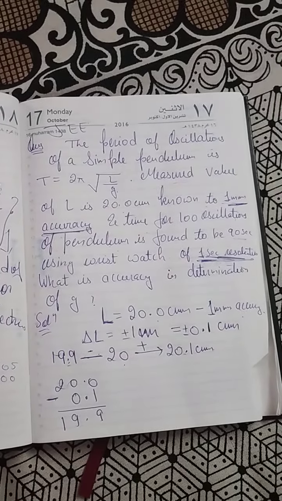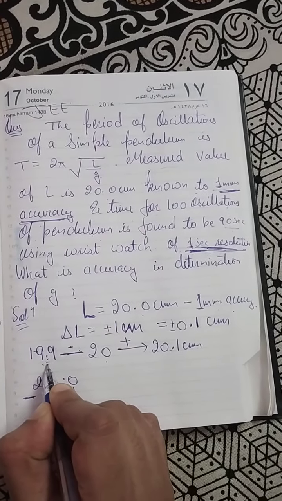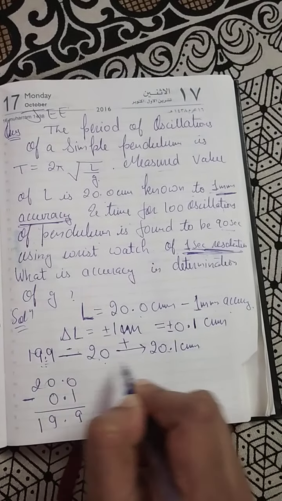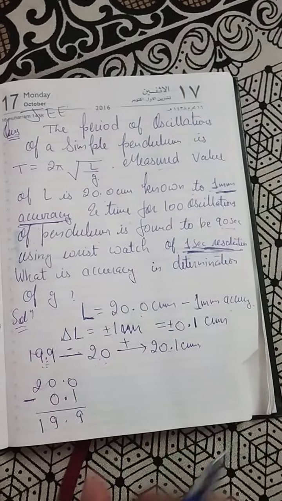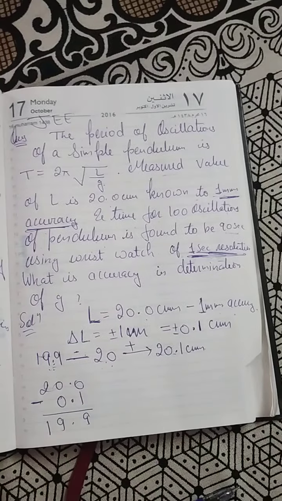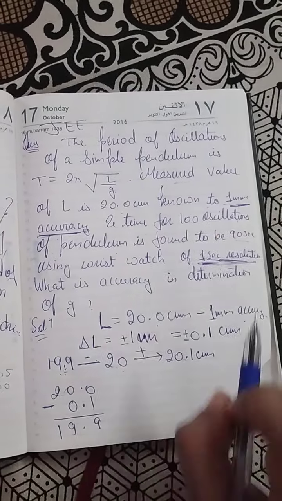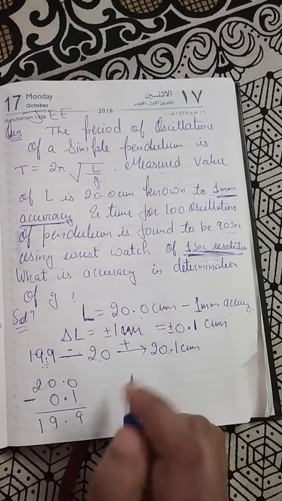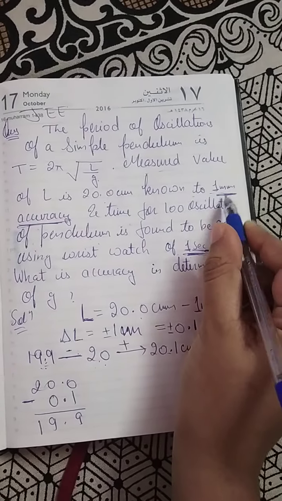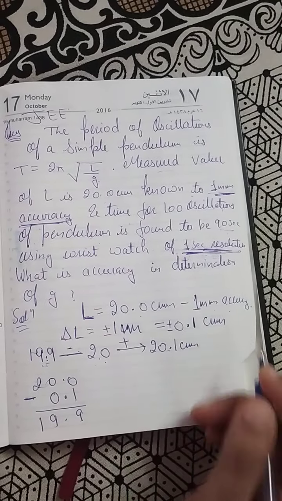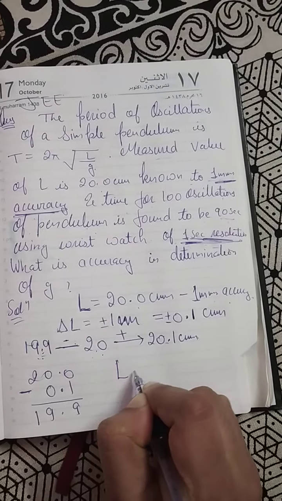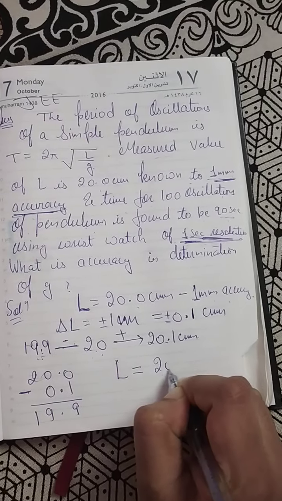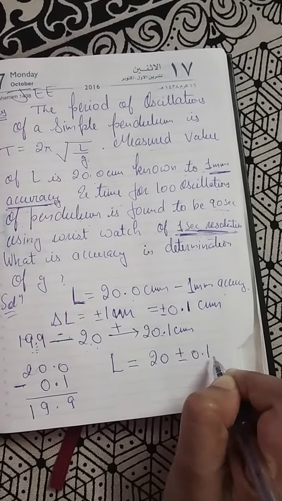I have uploaded that playlist also. I'm not going into that, but look how close 19.9 is to 20 or 20.1 to 20. That's why they have used the term accuracy. These values are so accurate, only 0.1 error. So I hope I make myself clear that this is delta L, 1 millimeter accuracy, that is 0.1 centimeter plus minus delta L. Or you can write it like this: the length value is 20 plus minus 0.1, and all are in centimeters.